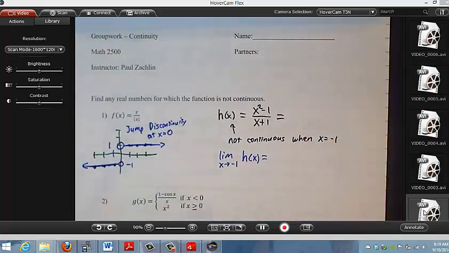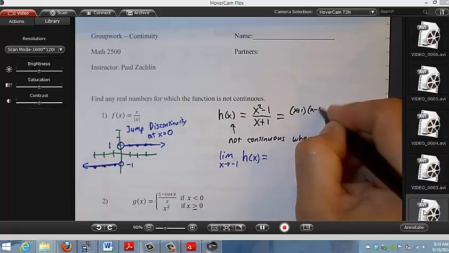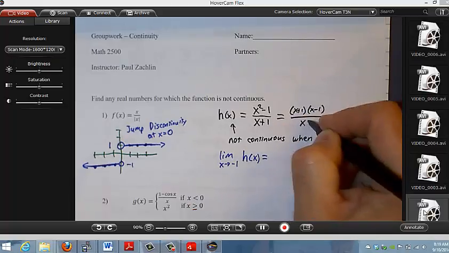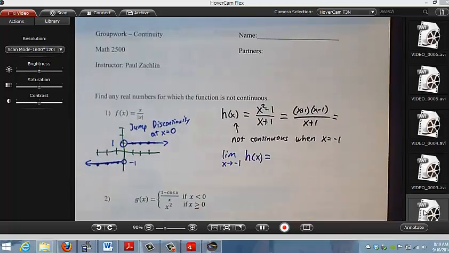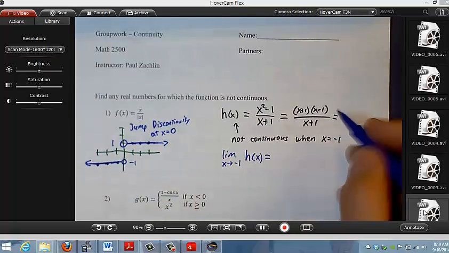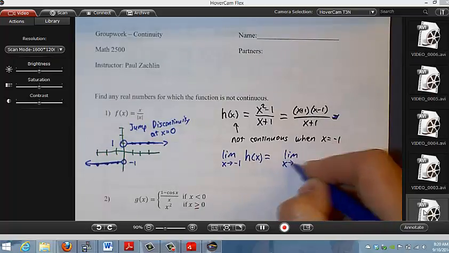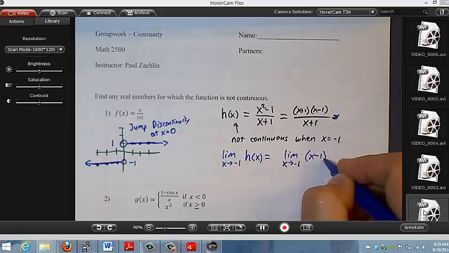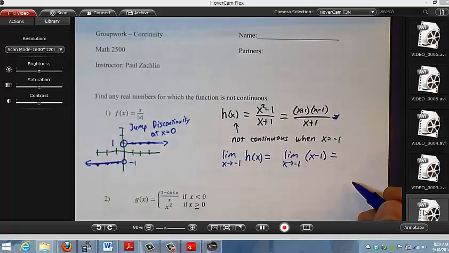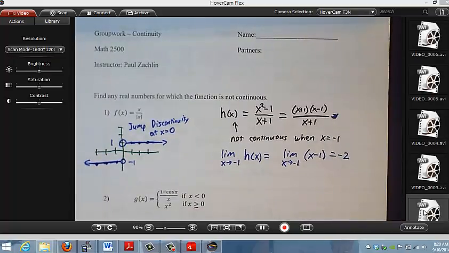Well, we've been factoring the numerator, the denominator is just x plus 1, and so we cancel, right? And so what you end up doing is computing the limit as x approaches negative 1 of just x minus 1. And so what do you get? Negative 2. Right?